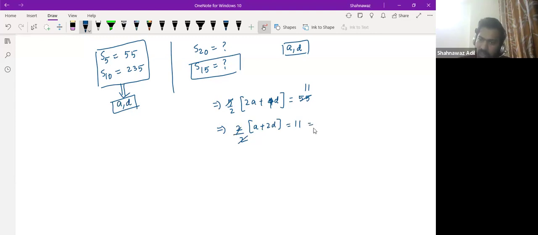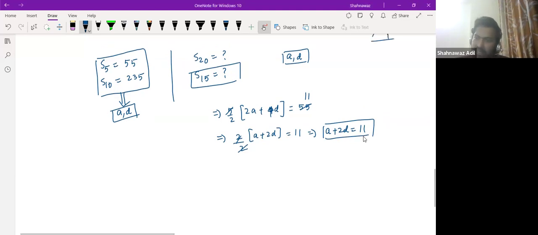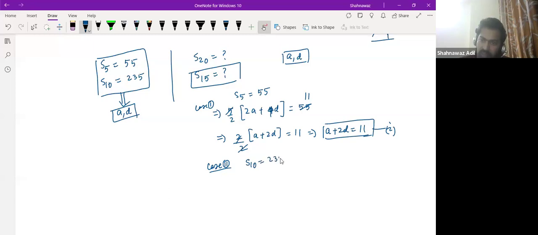So this is the first equation. What would be the second equation? Case 1 is S5 is 55. Case 2 is S10, that is 235.